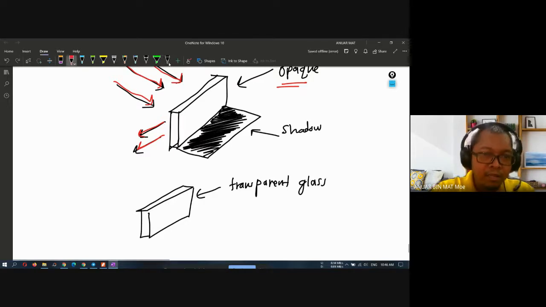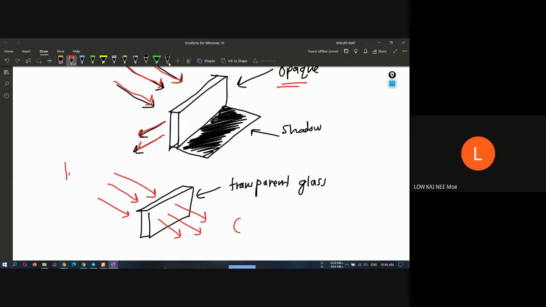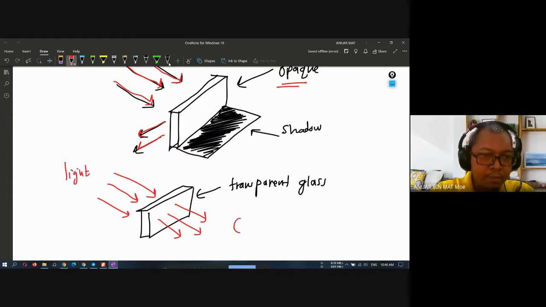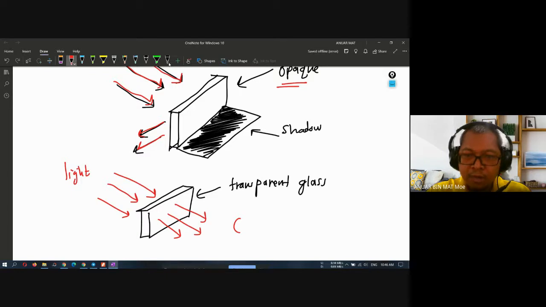So if the light shines through it, it is able to pass through the object. Got shadow or no shadow here? Very good, there will become no shadow.